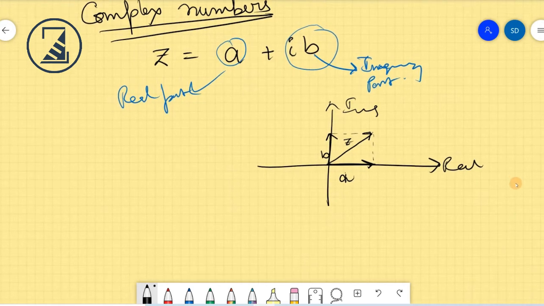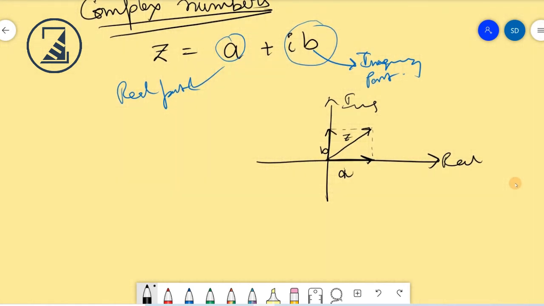So let's now understand these kinds of diagrams and represent complex numbers as geometric objects.